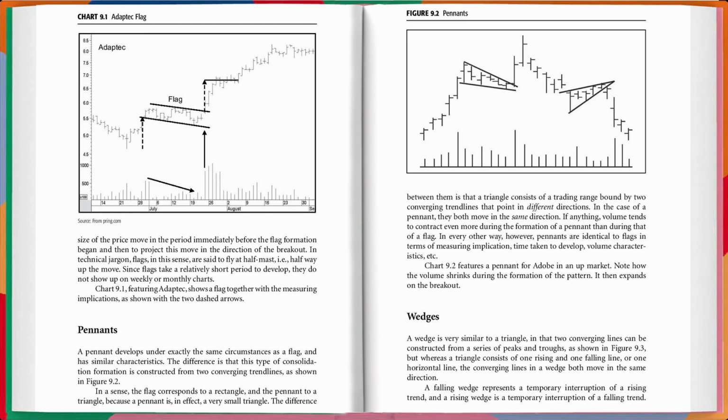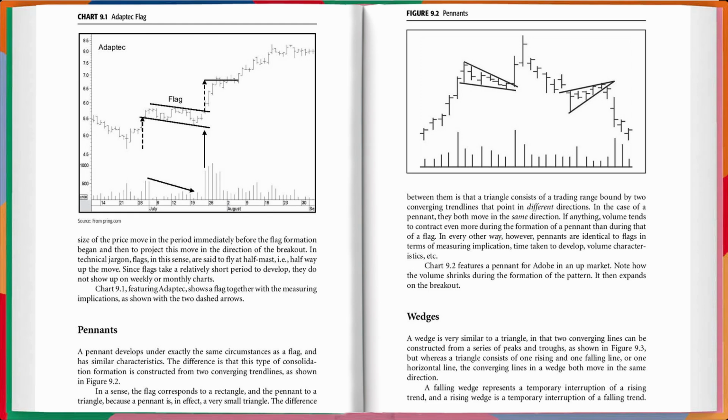In technical jargon, flags in this sense are said to fly at half-mast, i.e., halfway up the move. Since flags take a relatively short period to develop, they do not show up on weekly or monthly charts. Chart 9.1, featuring Adaptec, shows a flag together with the measuring implications as shown with the 2 dashed arrows.